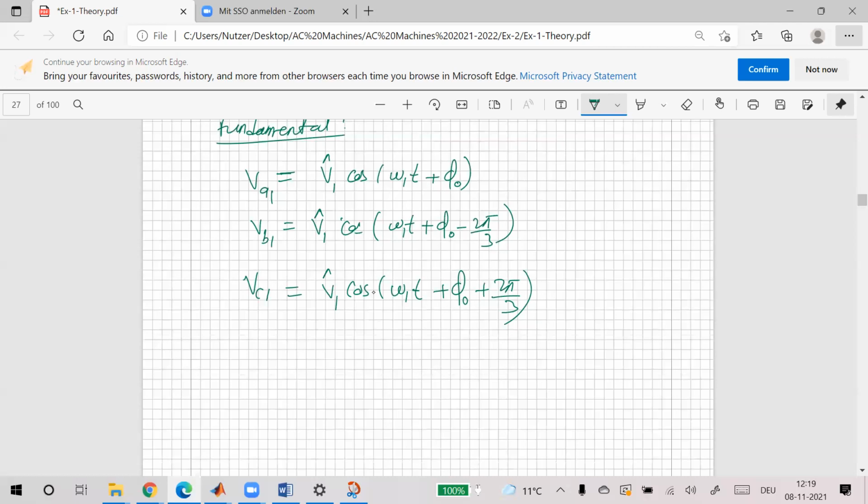Now let's see how the harmonics you can calculate from this. So very simple thing is, for harmonics you basically multiply the phase with the harmonic order.